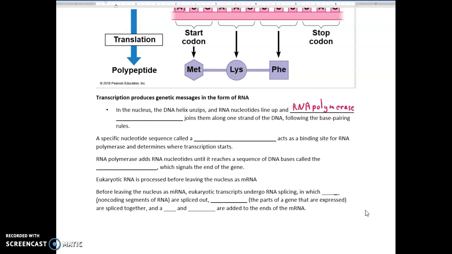A specific nucleotide sequence called a promoter acts as a binding site for the RNA polymerase and determines where transcription starts. The RNA polymerase adds nucleotides until it reaches the sequence of DNA called the terminator.